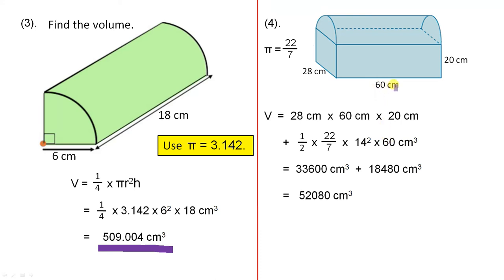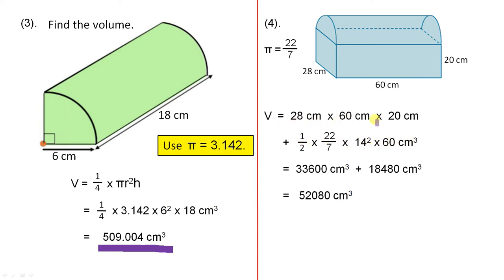That's the length. Notice we've used the radius of 14 centimeters, because if the diameter was 28, because those two lengths are the same, that means the radius must be 14 centimeters. So we've substituted into the formula. That's for the volume of the half cylinder.